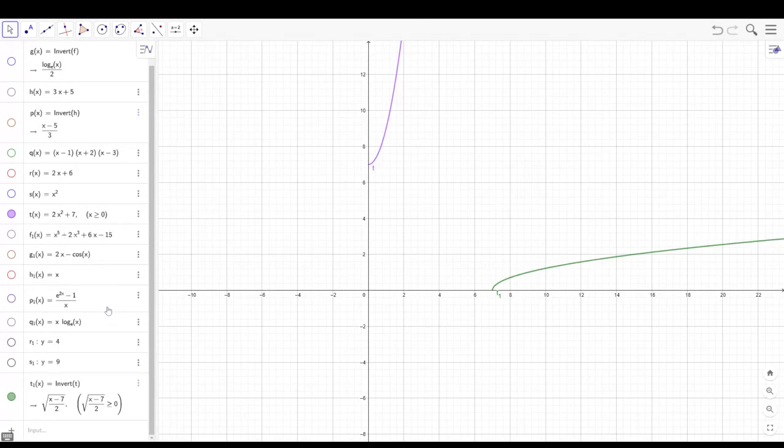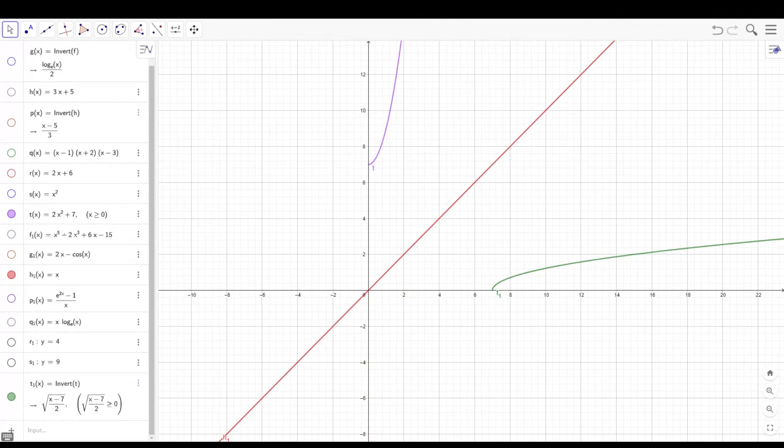Okay, and so have I got x? There we go. So you can see there's that beautiful symmetry between the function and so the inverse is this function here.